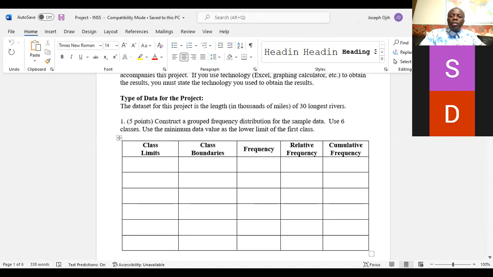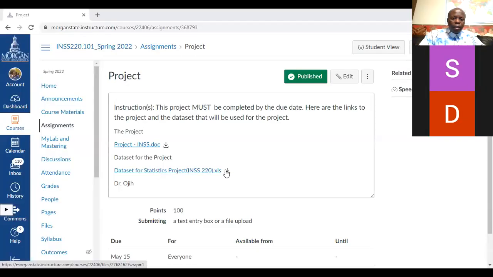Now, the data set you need to answer these questions in the project, I'll show you that one now. Here is the data. So you download the data set here. It is in Excel, as a matter of fact. So open it. As you are doing the project, when you get to the point where we have an area that we can cover, you can stop until you cover that area.